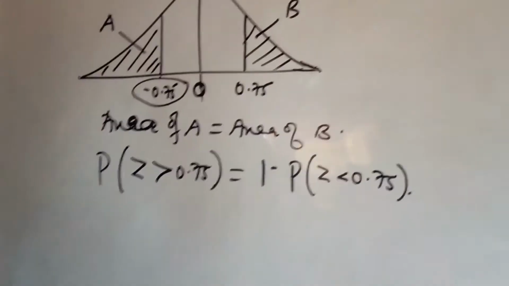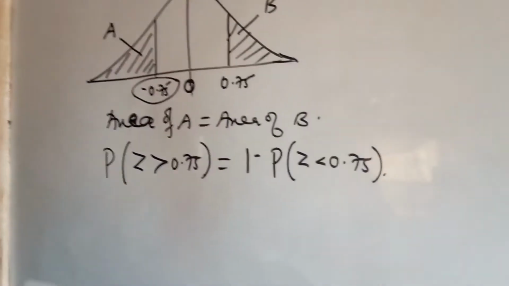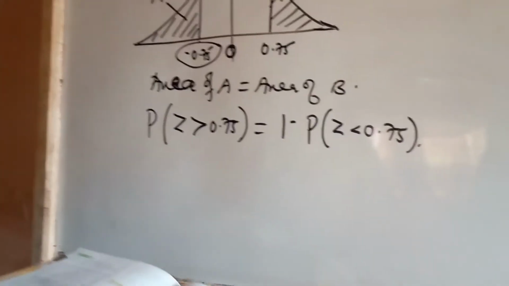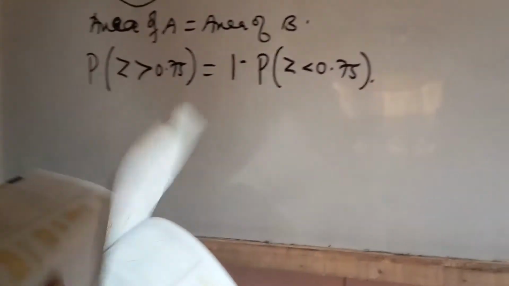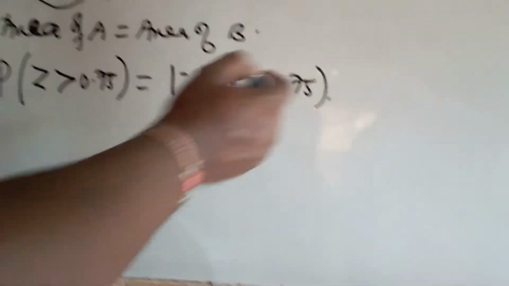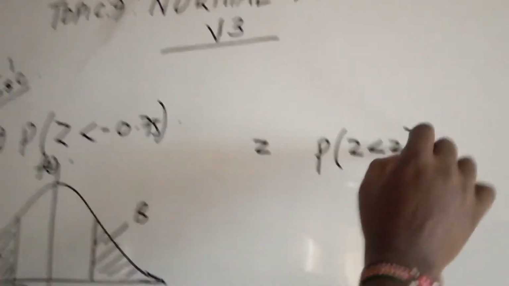And this one, we just go to the table and let's see what happens. Let us see what happens in the table, because we need Z, and we are looking for Z less than Z. We are actually comparing the two.